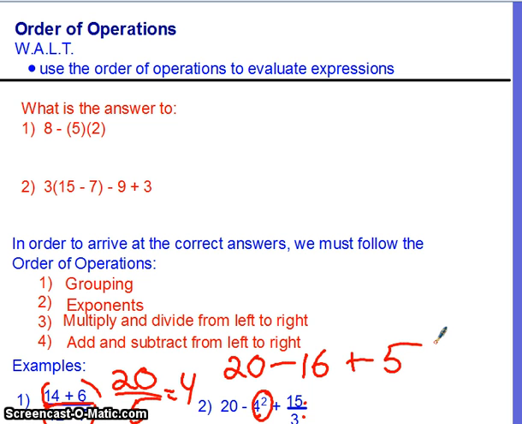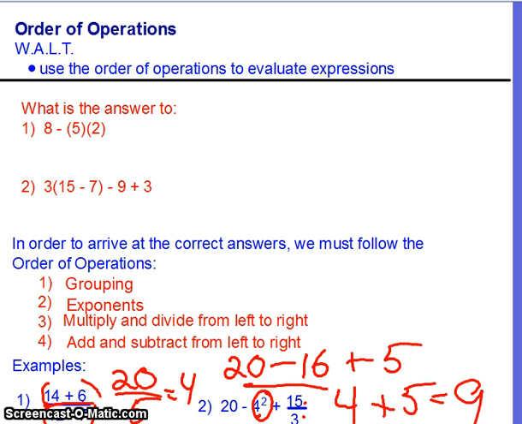Again, we have a subtraction and addition. If you strictly followed PEMDAS and did addition then subtraction, you would get this problem wrong. You have to do left to right when you're dealing with addition and subtraction. So the answer to this problem is going to be 20 minus 16 first, which is going to be 4, plus 5 is 9.